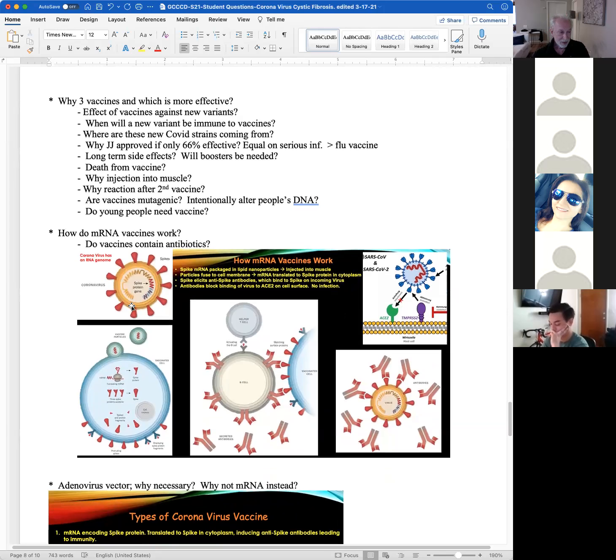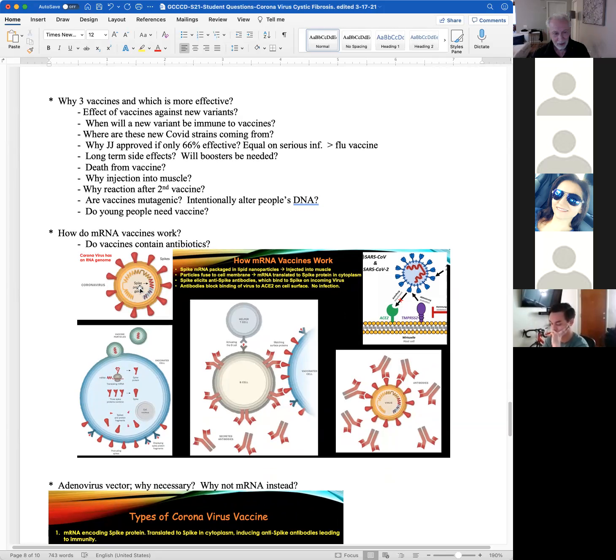But if you look at this picture of a coronavirus particle, remember that the genome is RNA. And the genome encodes a number of different proteins. The one of relevance here is the spike protein, here in red.